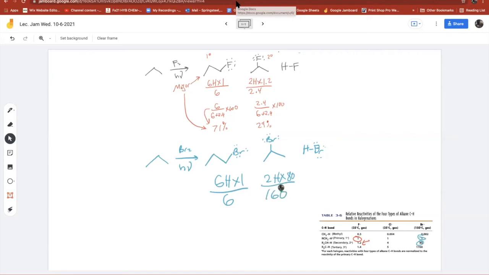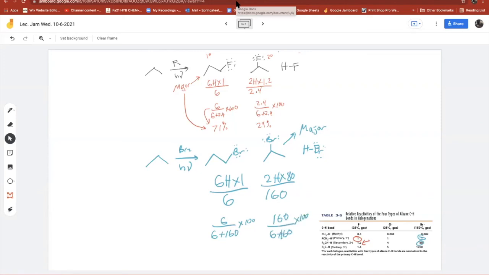So what's our major product in this case? The secondary bromide is major. We're going to make more of that. It's the major product. So we can do a percent yield again as well. 6 over 6 plus 160 times 100, versus 160 over 6 plus 160 times 100.